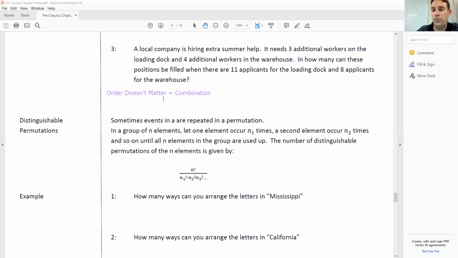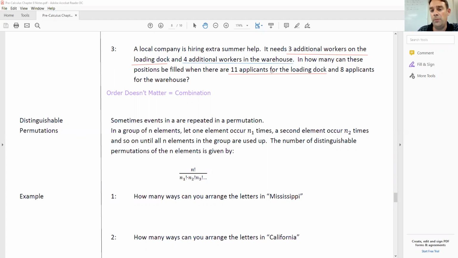We're not filling specific roles on the loading dock or specific roles in the warehouse. If we were, it'd be a permutation, but we're not. If we were just creating a team of additional workers, which I believe is what we're doing here, then this would become a combination problem, not a permutation problem.